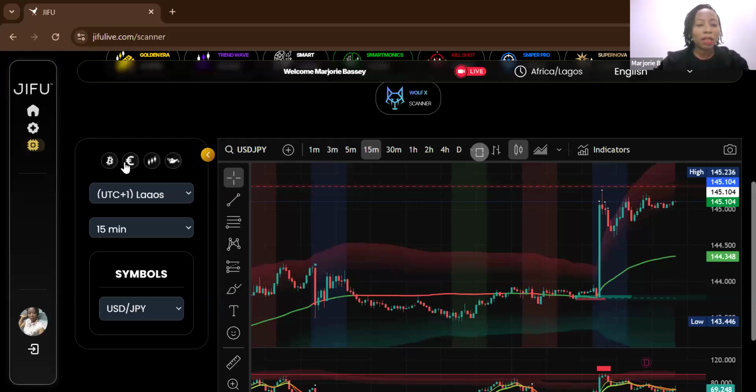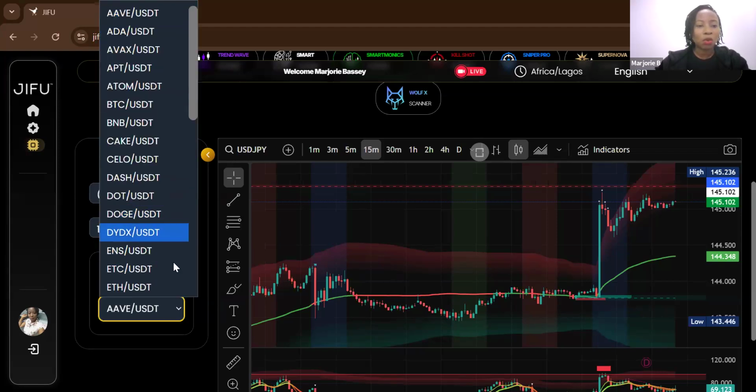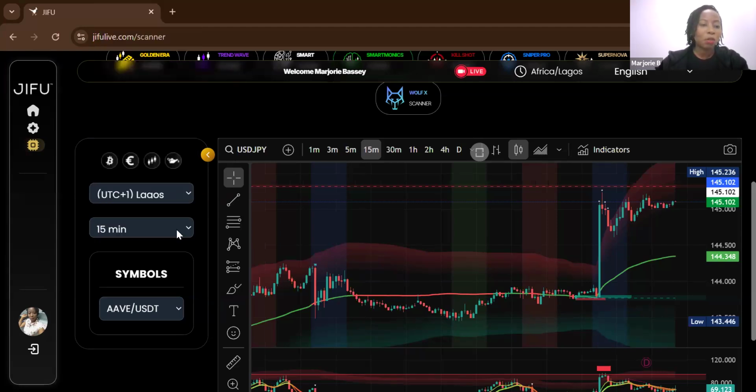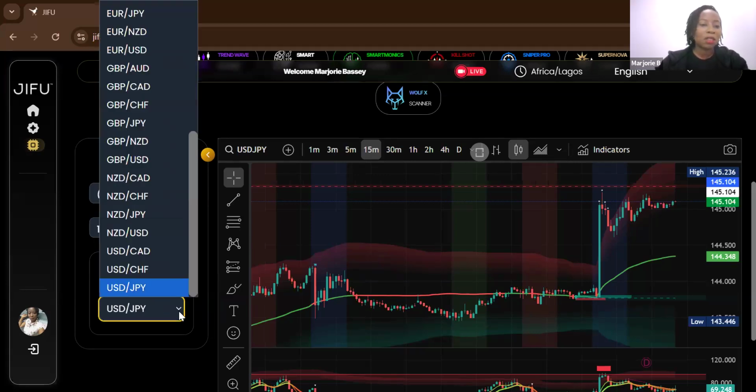The Smartmonics scanner can be used for a different range of assets. It actually works for all markets. It works for crypto, digital currency. So you come here, select, and then you come to where you have symbols and choose the one of your choice, so Bitcoin, Ethereum, and the rest. It also works for the Forex market, which is the currency pairs, like USD/JPY, GBP/USD, and the likes.